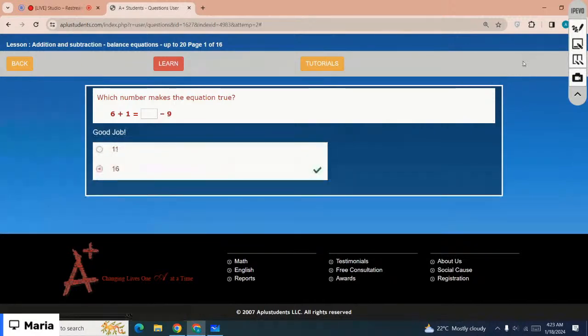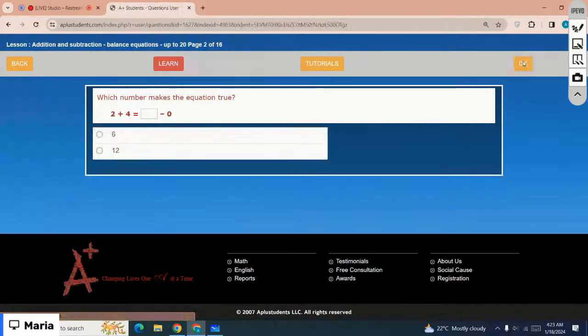Okay, the next one is which number makes the equation true? So which is the correct option? 2 plus 4 equals the missing number minus 0.